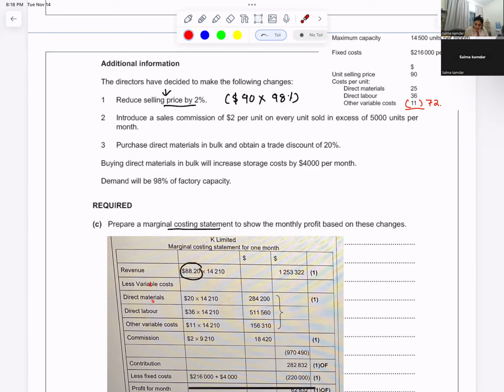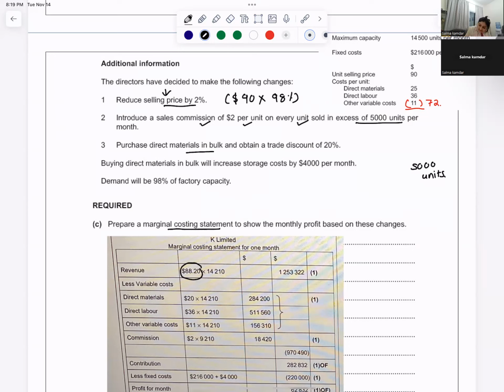minus the variable cost. Now let's see what is the variable cost. Introduce a sales commission of $2 per unit on every unit sold in excess of 5,000 units per month. So anything that you are selling in excess of 5,000 units, you are going to give a sales commission of $2 per unit.